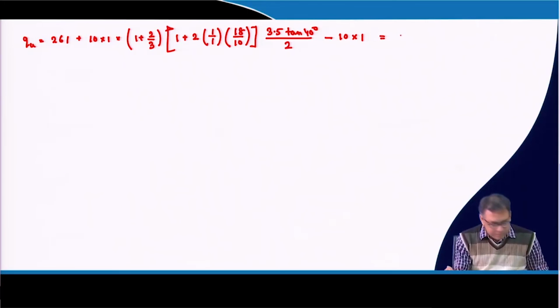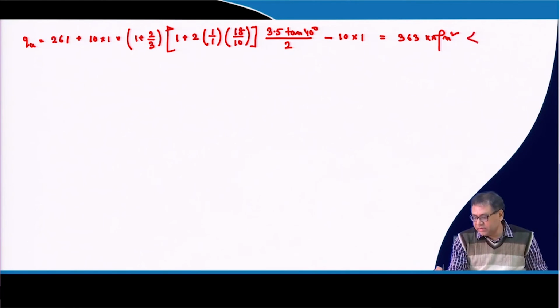So, this is 363 kilonewton per meter square, which is less than QT, so it is fine.